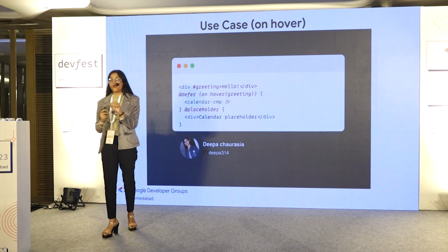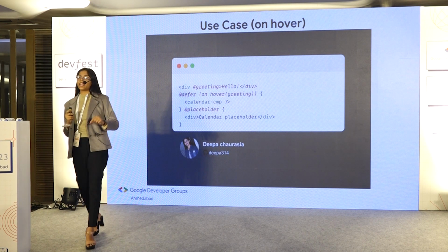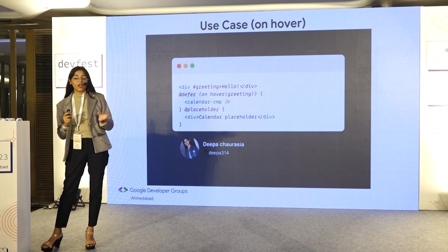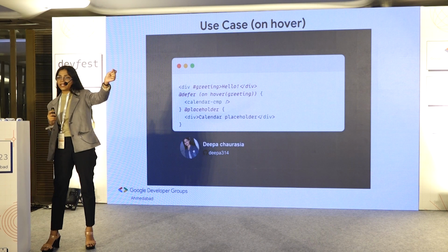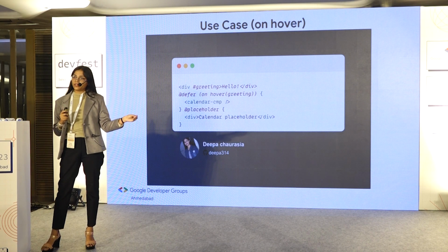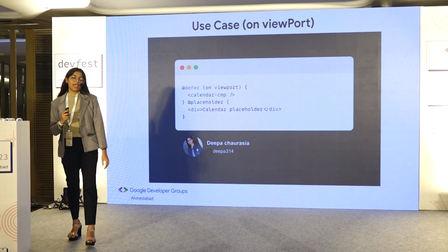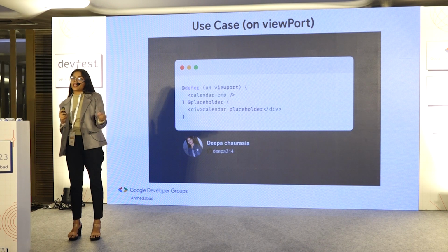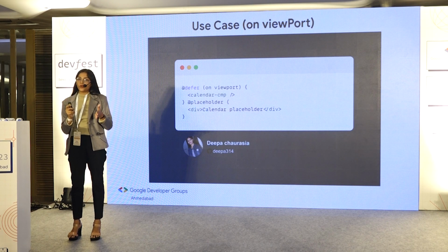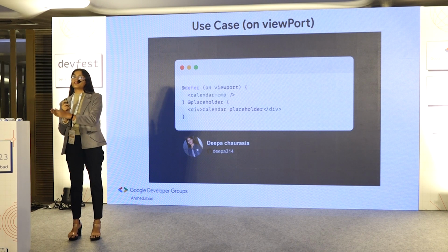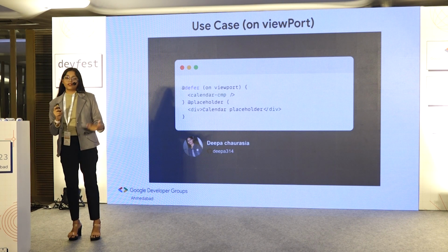Next, we have on hover. Here also you can see I have created a div, greeting. As soon as you hover on that div, then your calendar component will fire. Otherwise, placeholder will be there. Next, you have viewport. As soon as you are entering a viewport, then this particular component will fire. Otherwise, it will show the placeholder.